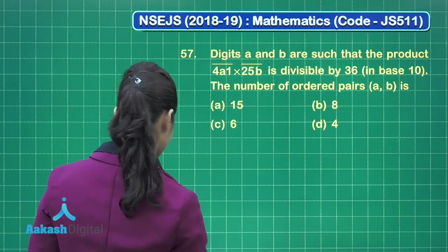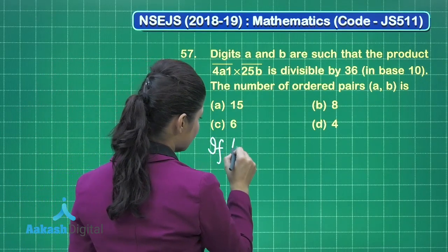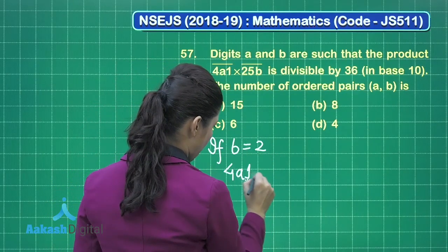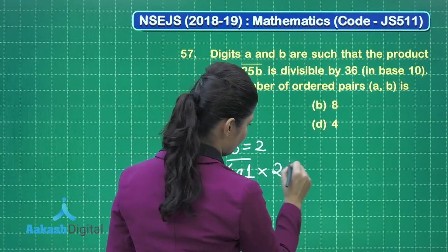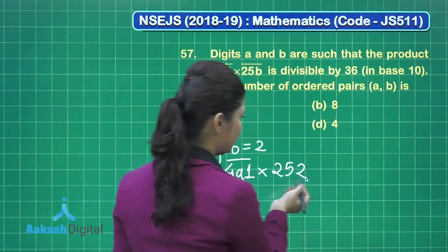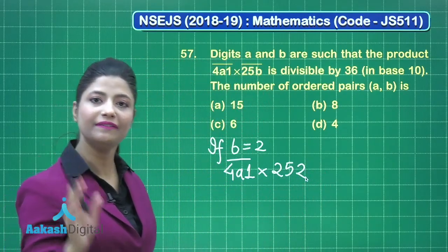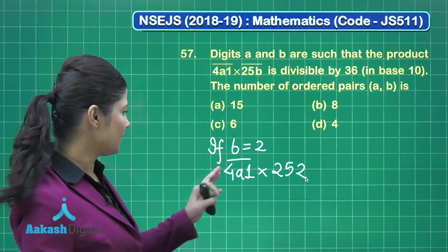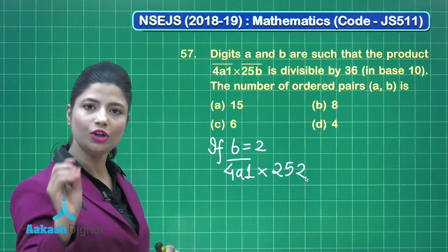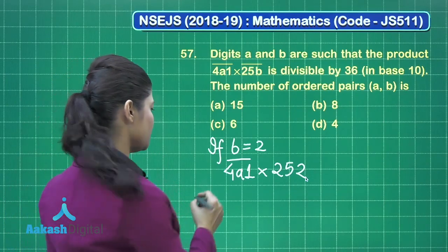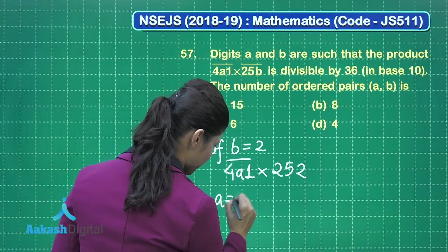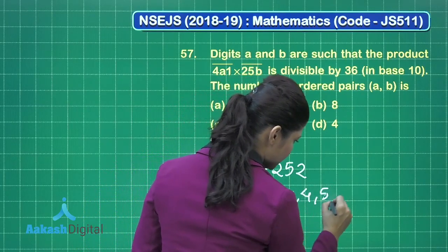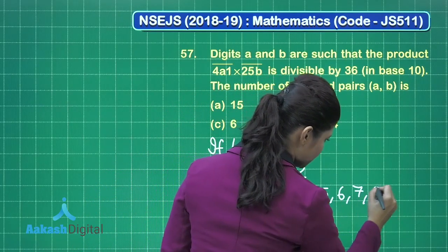If you put B as 2, then we have 4A1 into 252. This is a clear multiple of 36, so this will be divisible by 36 irrespective of the value of A. A is a single digit, so it could hold any value from 0 to 9. So A is possibly 0, 1, 2, 3, 4, 5, 6, 7, 8, 9.